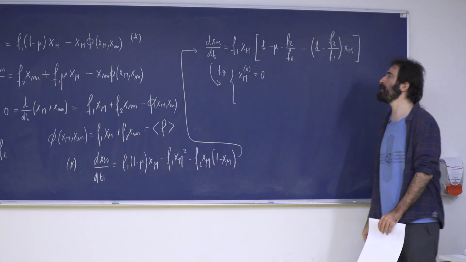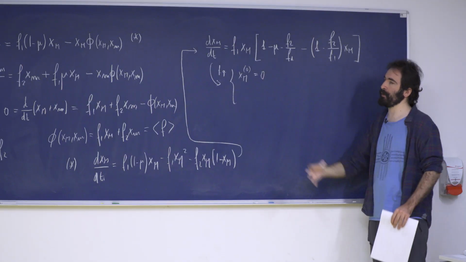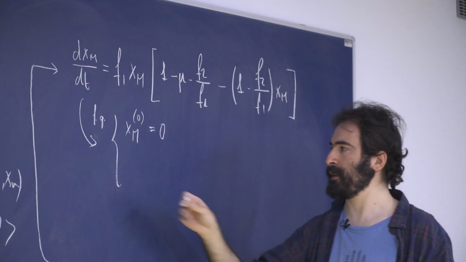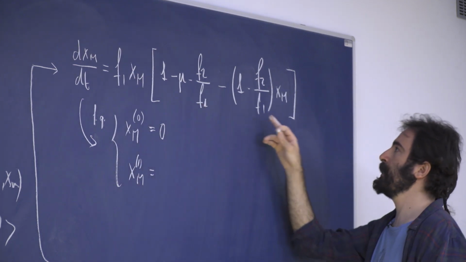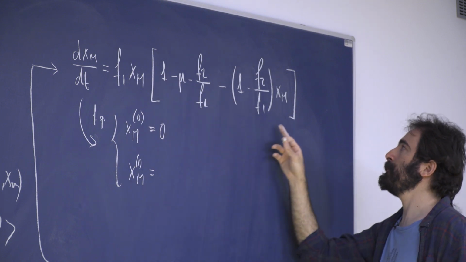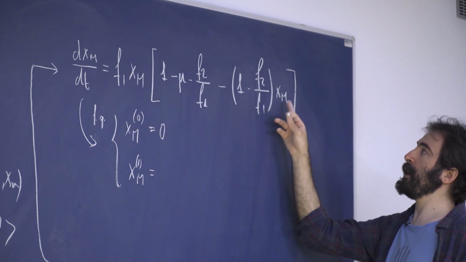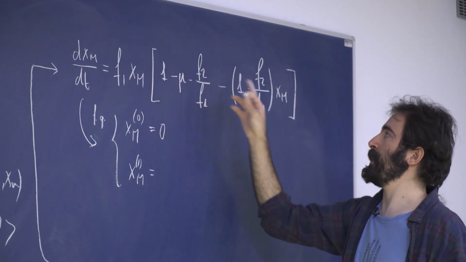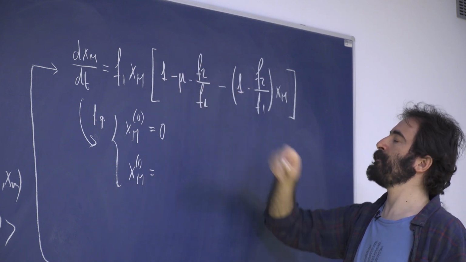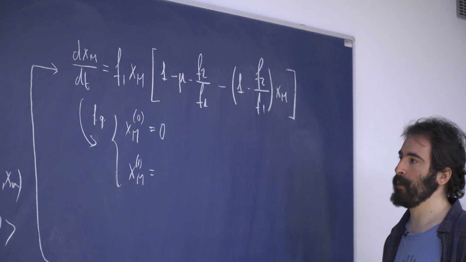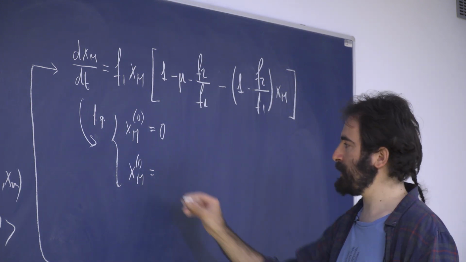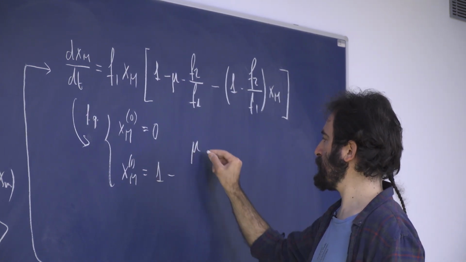So if I have a 0 here, we know that the derivative is going to be 0, and therefore this is a candidate for a fixed point. It is a fixed point. On the other hand, I also have another fixed point from this linear equation here, right? Which is basically xm divided by 1 minus mu minus f2 over f1 divided by this prefactor here of xm. Altogether, this gives this expression.